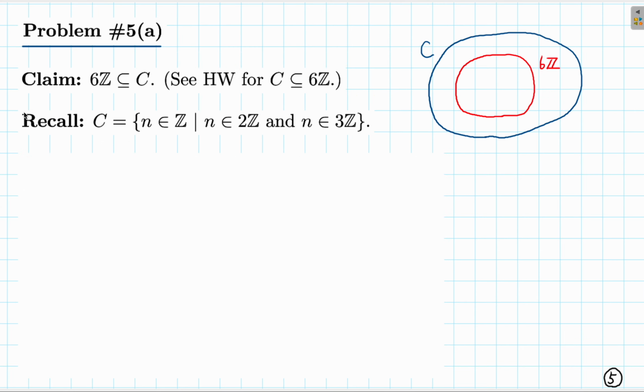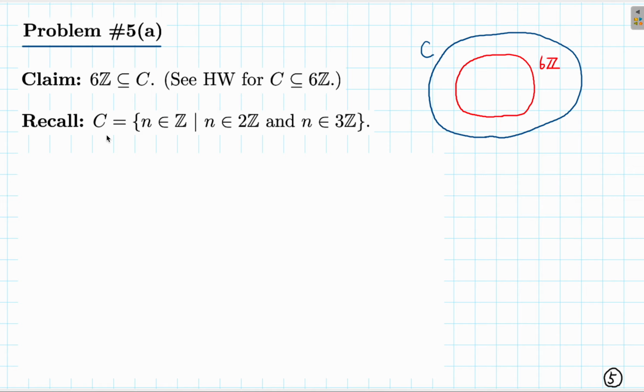For now, we're going to focus on one of them: 6Z is a subset of C, depicted by the visual here. 6Z sits inside C. And I'll leave the other direction, namely C is a subset of 6Z, for you as homework.